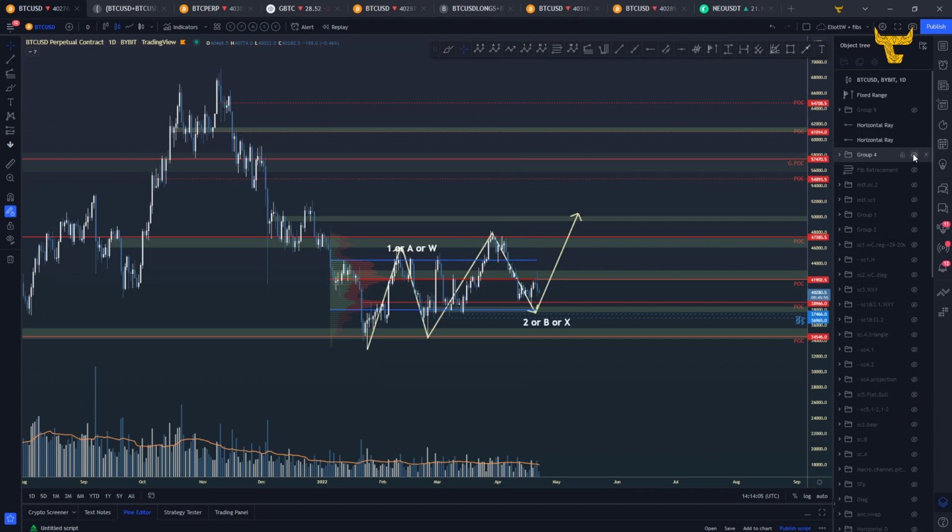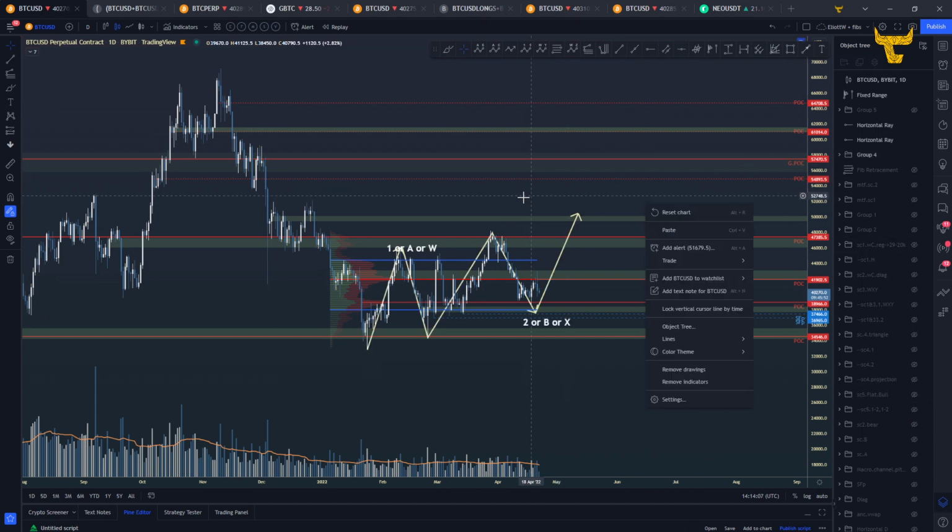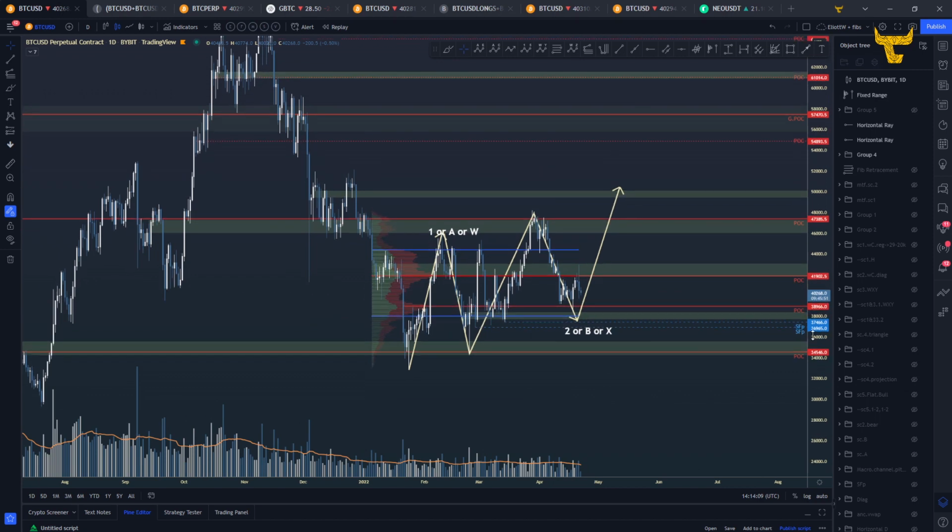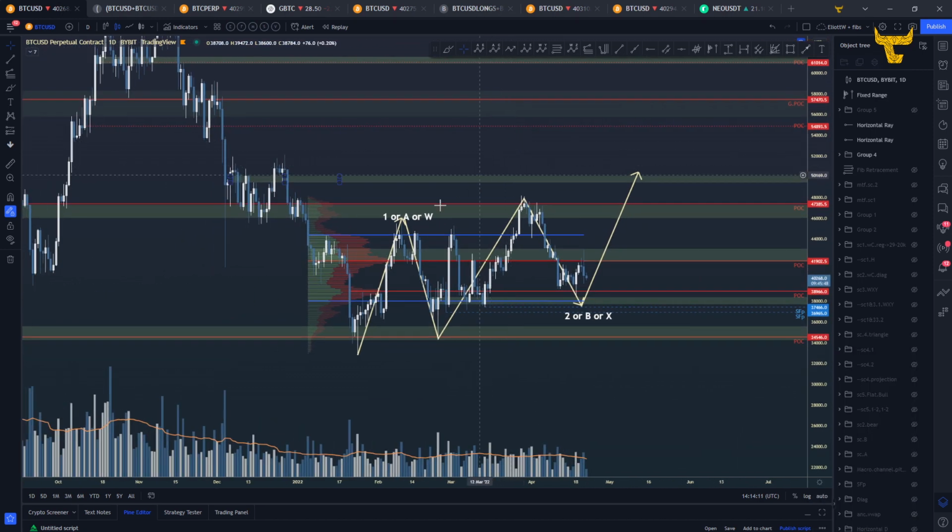Now we have another alternative here for the mid time frame, something that works quite good and would fit several scenarios here. Higher time frame, it's the idea that we have a flat here.